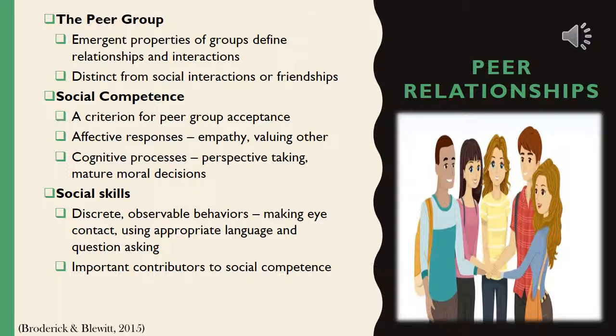And then developing social skills, those discrete, observable behaviors, making eye contact with others, using appropriate language, asking appropriate questions at the appropriate time, build into someone's social competence and their ability to fit into and connect with their peer group.